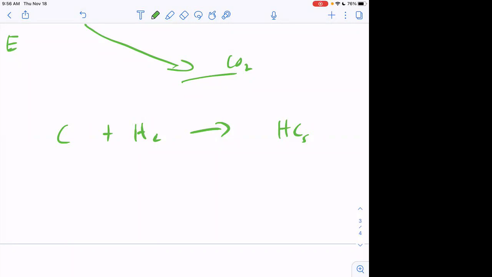Now, you do not need to study section 10.9. I encourage you to read it. It helps you see the applications of some of this stuff. It goes into foods and fuels, and it goes into recycling aluminum, so it's kind of interesting. 10.8, you do not need to worry about.